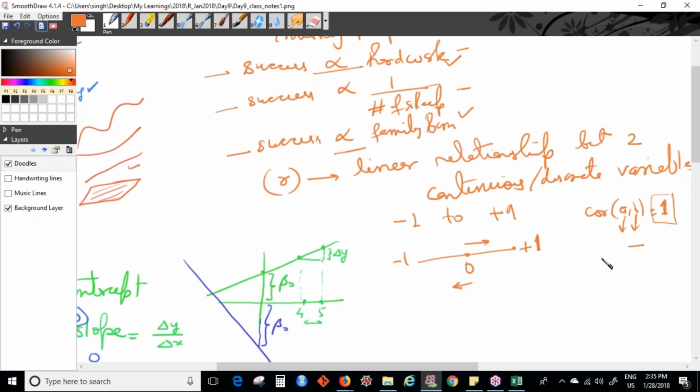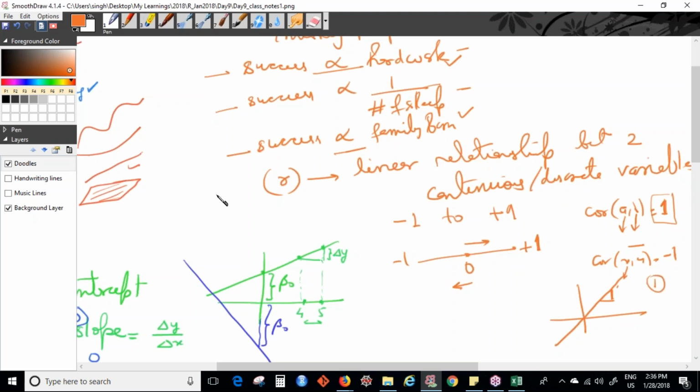Similarly, if the correlation between X and Y is -1, that means 1 unit increase of X will result in 1 unit decrease in Y. That is why it is -1. So if I have to plot this, if 1 unit increase in X gives 1 unit increase in Y, then you have a correlation of 1.